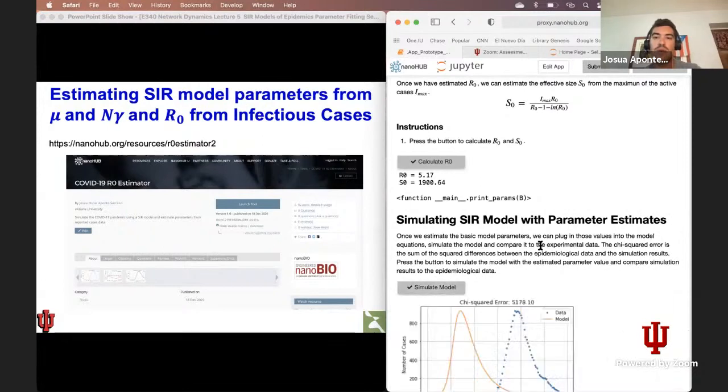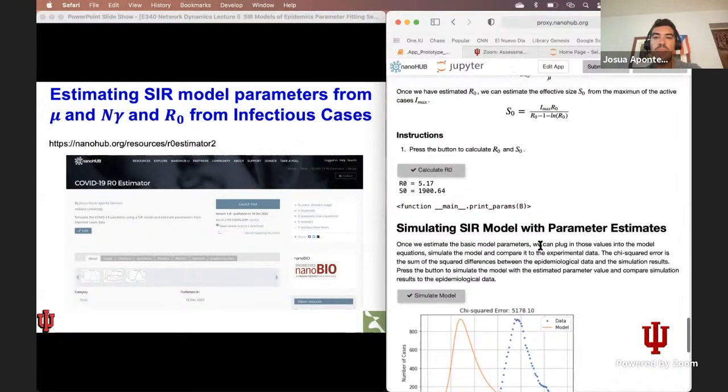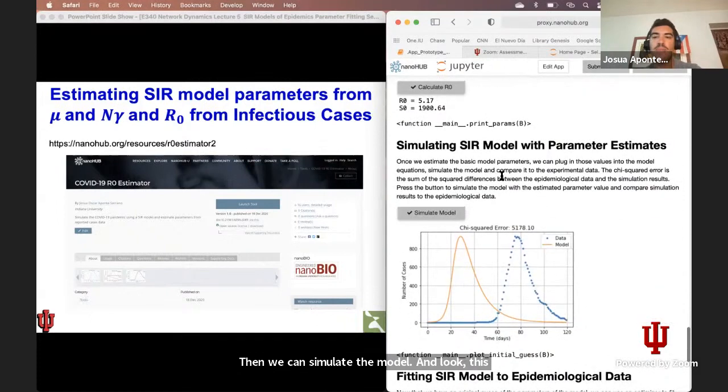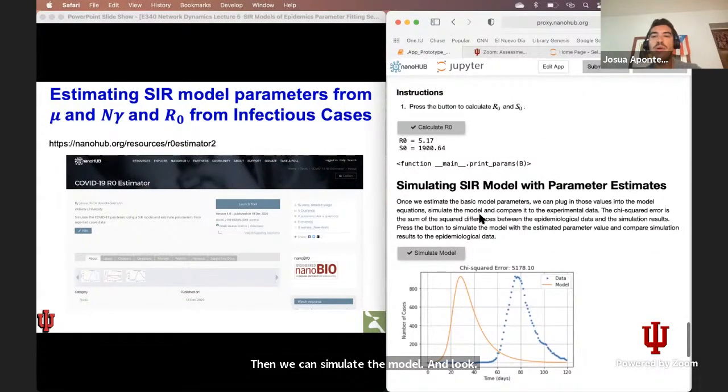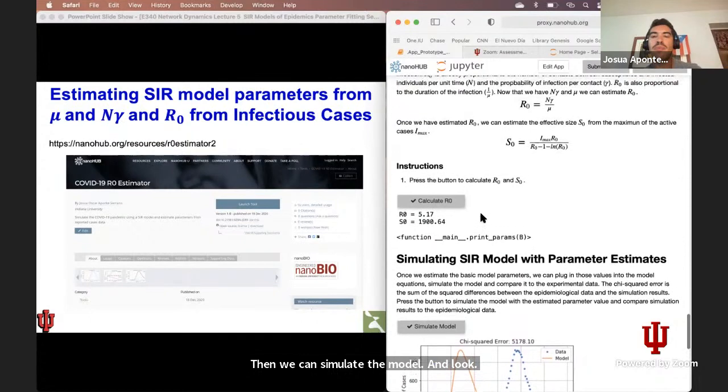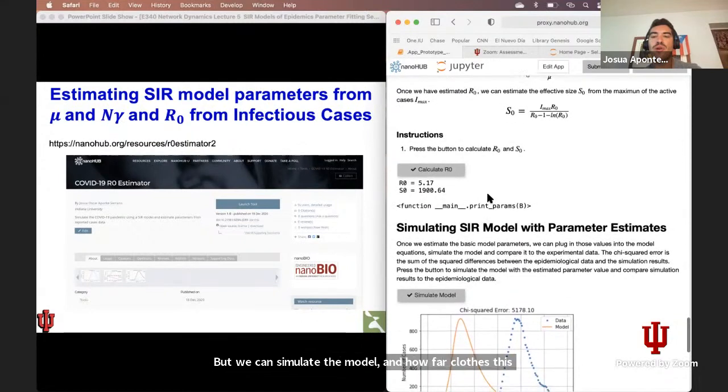Then we can simulate the model, and we will come back to it, and look at how far or close we are from the data.